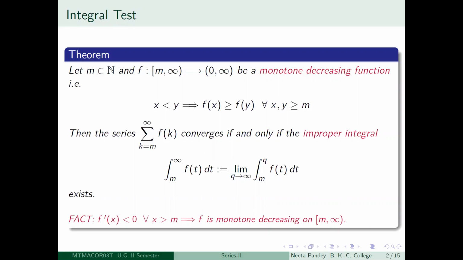One can either actually do the work completely algebraically, or when the function is a differentiable function, it can be shown, there is such a result, that when f'(x) is negative for all x in this particular case, if this is true, then it follows that f is a monotone decreasing function on the closed interval m to infinity. So we will be using this fact, and so suppose you are given such a function.